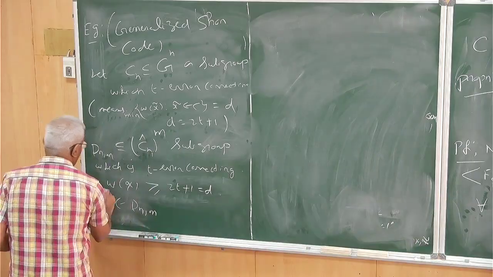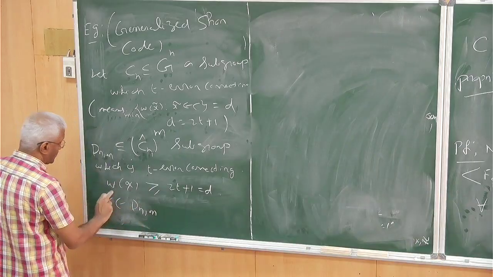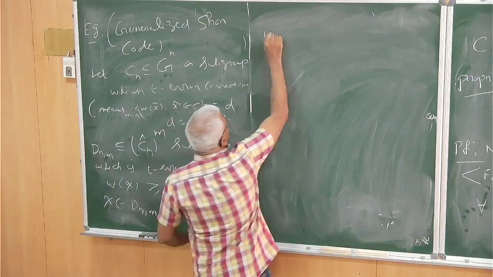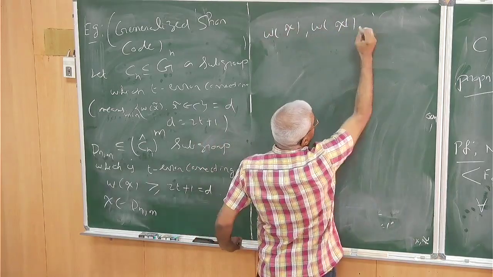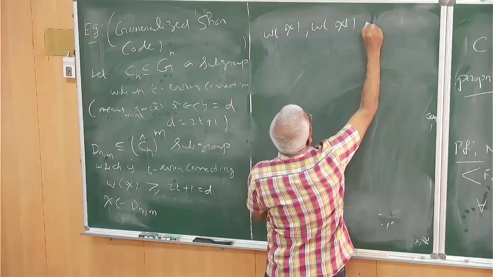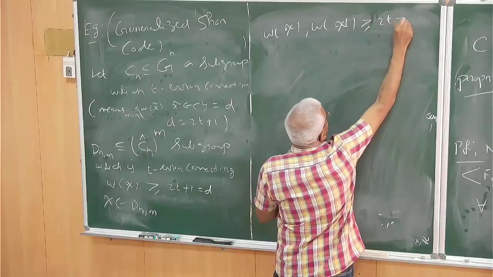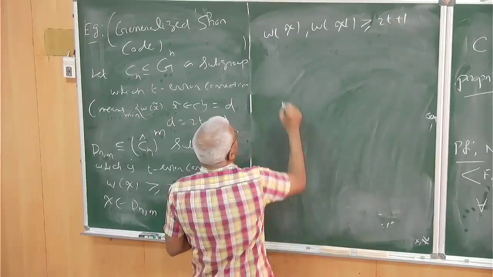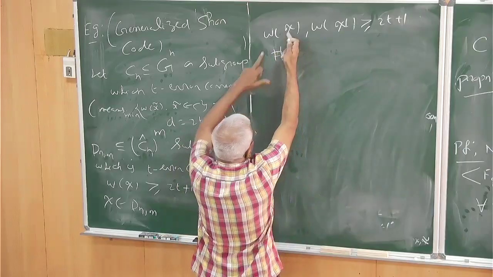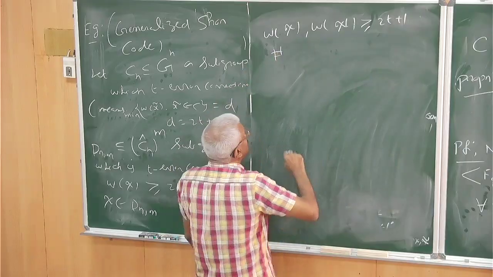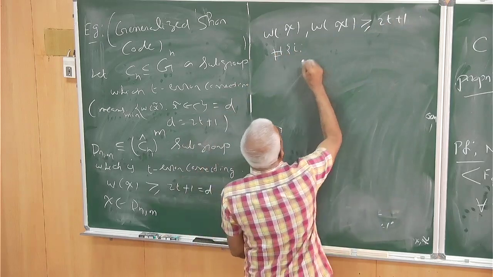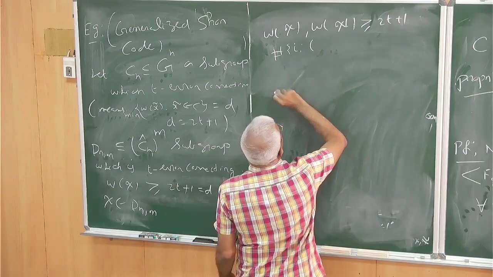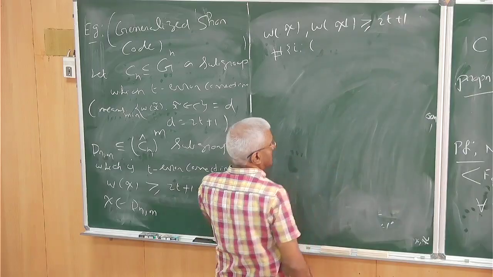We have this chi here. W of chi and W of chi prime, they are in D_n^m, and are greater than or equal to 2t. On the other hand, the weight function W is defined by the number of i such that alpha_i is non-trivial.